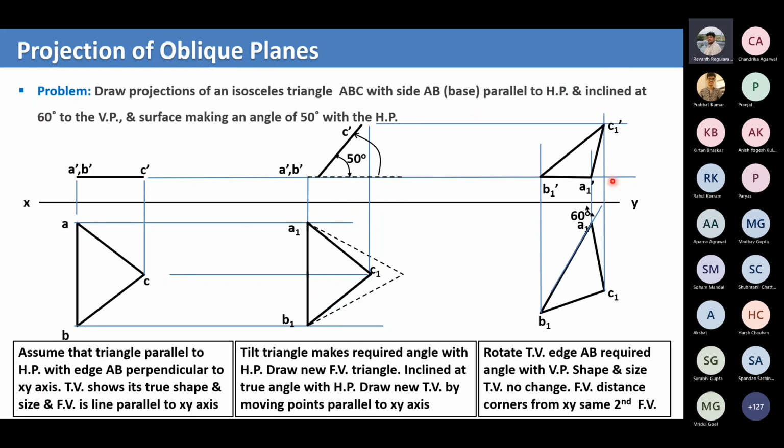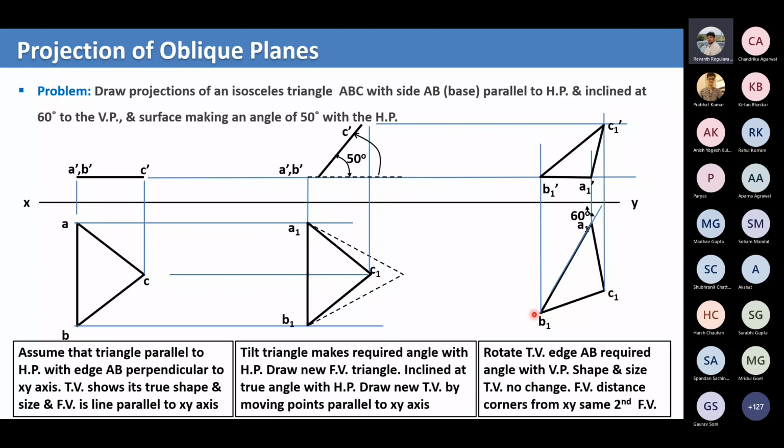Yes, so this is what we do. We just tilted it. You take this figure and we tilt it and we obtain this. So this is the first thing we have to draw, A1, B1, and then you have to measure these lines, A1, C1 and B1, C1.